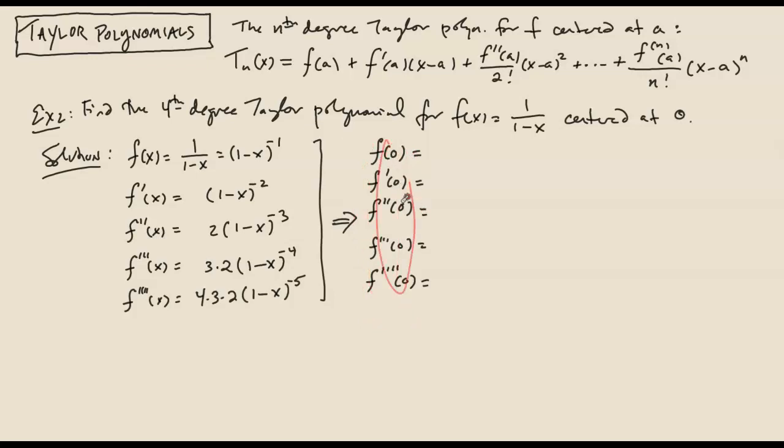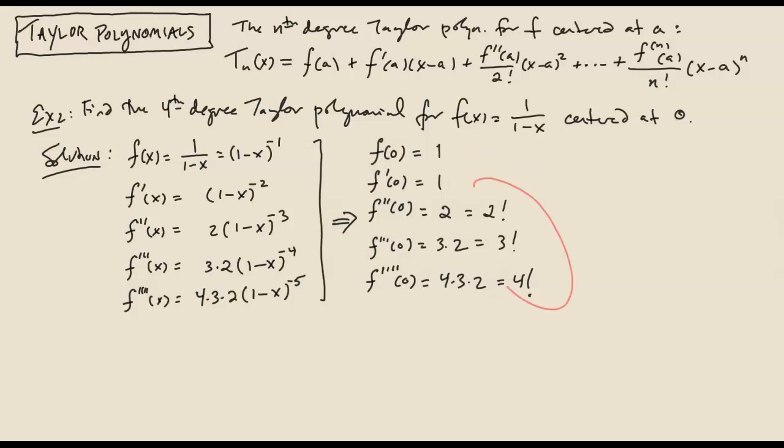When I pop 0 into all of these expressions, I get 1, and here I get another 1, and here we get 2 times another 1, so that's going to be 2, and here I get 3 times 2 times another 1, so that's going to be 3 times 2, and here I get 4 times 3 times 2 times another 1, so that's 4 times 3 times 2, or if you like, that's 4 factorial, and 3 factorial, and 2 factorial. And if you really like, that's 1 factorial and 0 factorial, but I'm not going to bother.